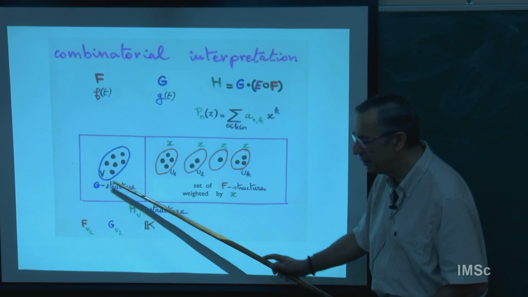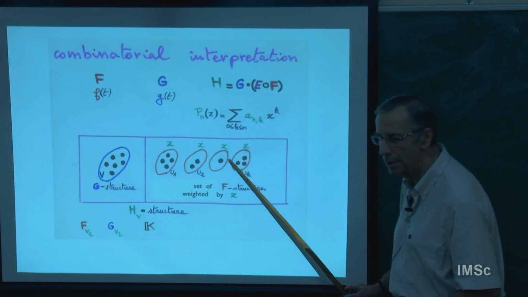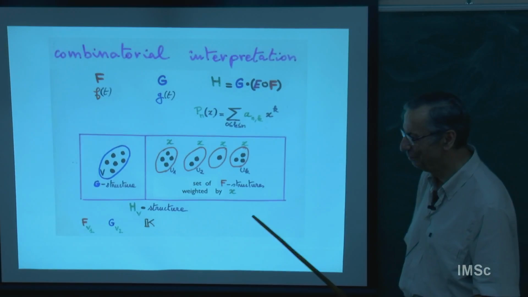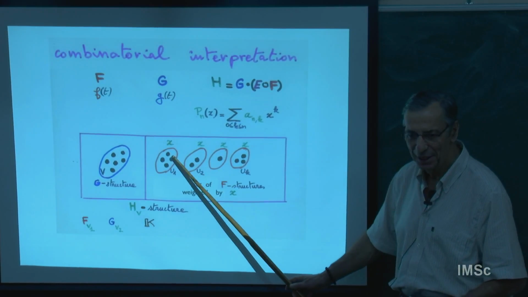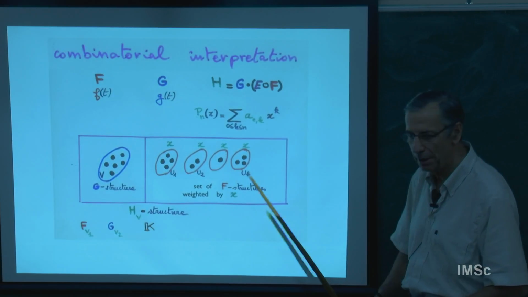You have a block in blue of the G structure. You have here an assembly of red blocks of the F structure. Each block is weighted X. So you have a set of F structures weighted by X.